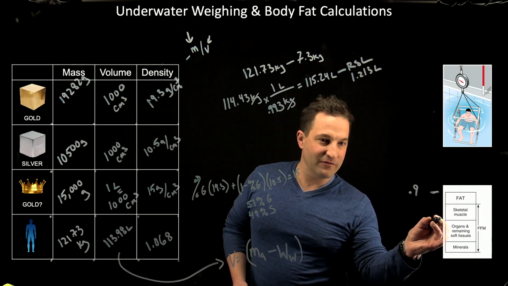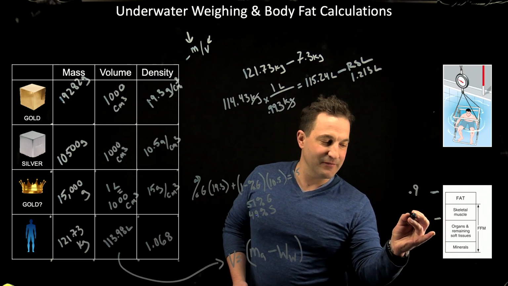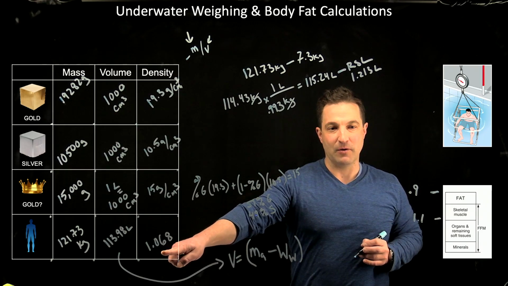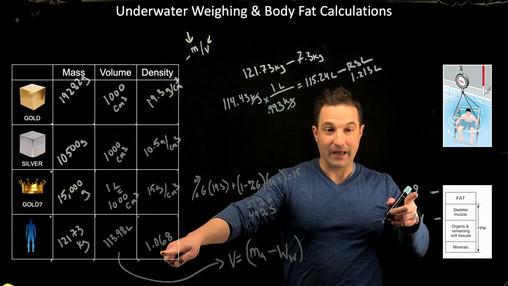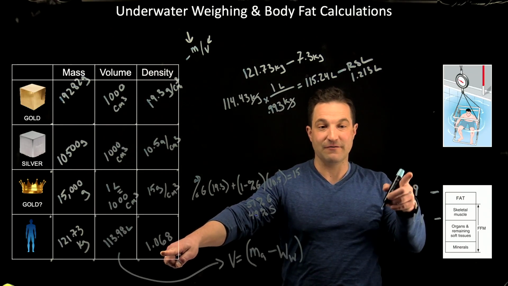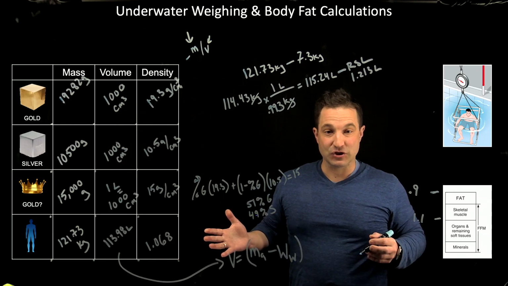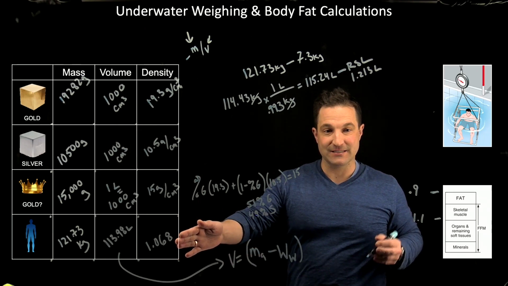We're going to say all of that together has a density of about 1.1. And if you look, the density of our football player is greater than 0.9, so he's not 100% fat, but it's also less than 1.1.